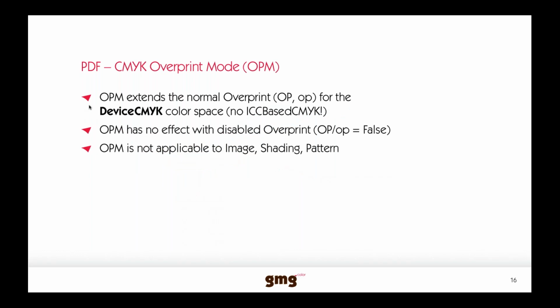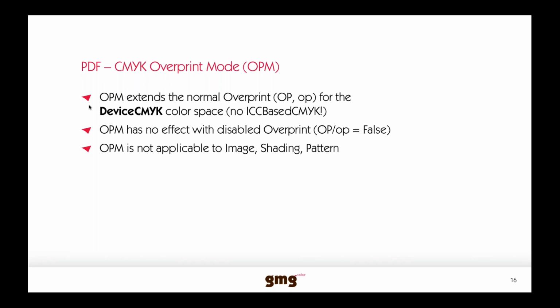And we have this additional overprint method, overprint mode, sorry, OPM. It could be that you have seen it. For example, if you're working with PitStop, you can click on some elements in the PDF, some boxes, some images in the PDF, and sometimes you will see this OPM 1 or OPM 0.